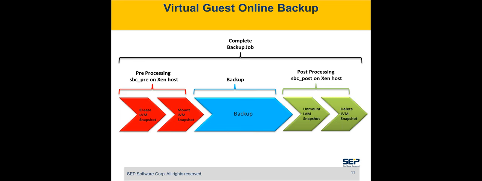Your users don't even realize the backup's taking place, so that backup window isn't affecting them being up. They can still log into the box, make changes, do what they need to do. When it's done, it recommits that data and removes that snapshot, so you don't have to go back and manually manage that. Even if the backup fails for some reason, it still manages that snapshot and removes it for you.